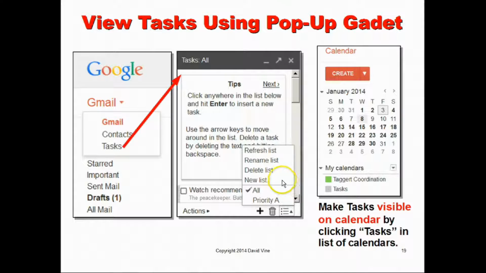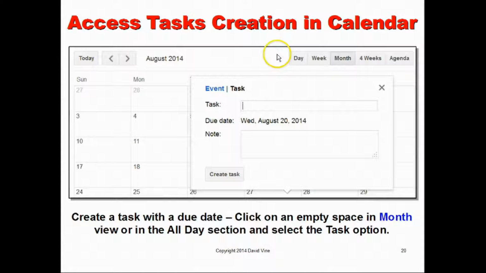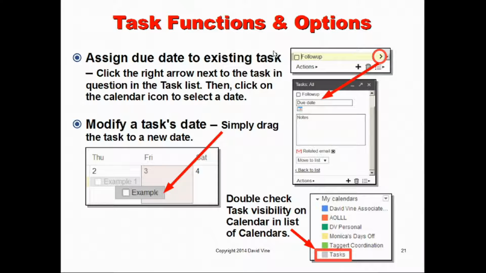Now, we can view tasks using a pop-up gadget, and that's what we've actually been doing. And I think we took a look at task creation in Calendar. Okay, and there's various ways to look at some of these things.